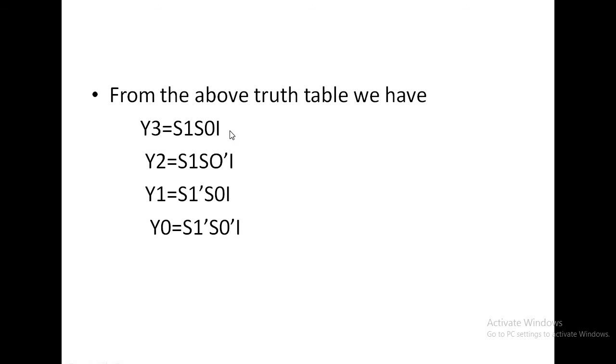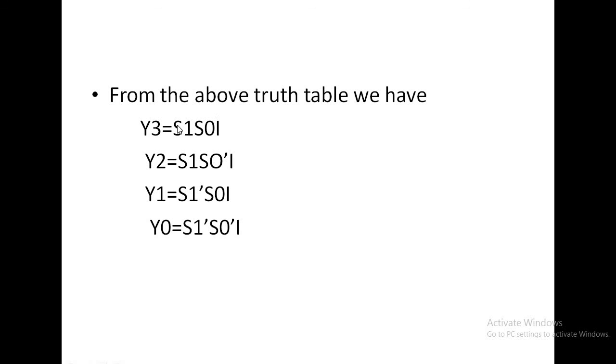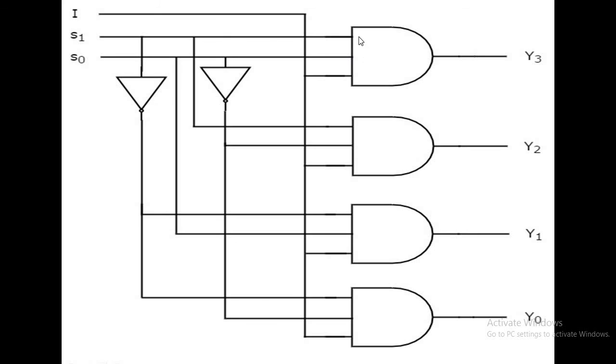Y3 means S1, S0, I, combined with the AND symbol. AND means the dot symbol: S1 dot S0 dot I. So all three are connected with this AND gate, and this is my Y3.